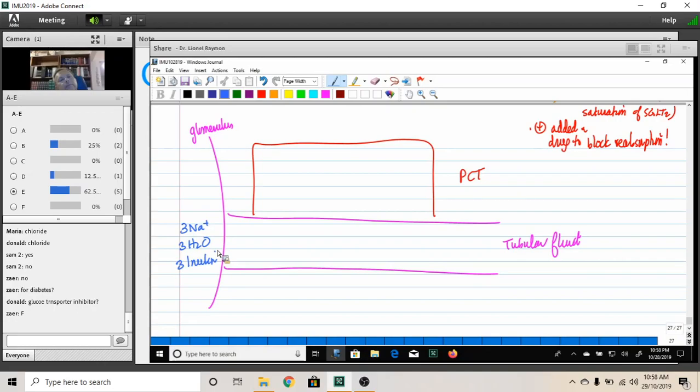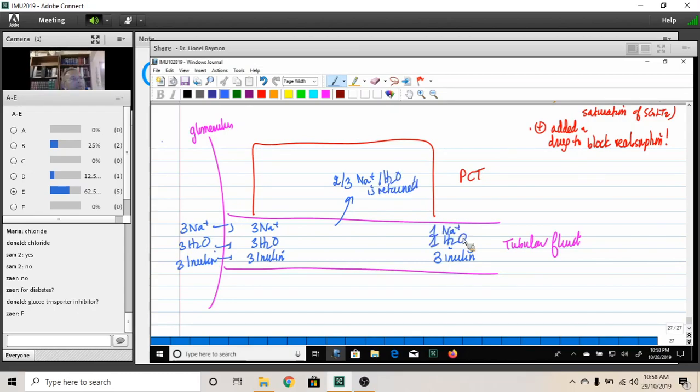They're all freely filtered. By the end of the proximal tubule, there's still 3 inulin. But you remember that about 2/3 of sodium and water is reabsorbed. So there would be only 1 sodium and 1 water for all 3 inulin.